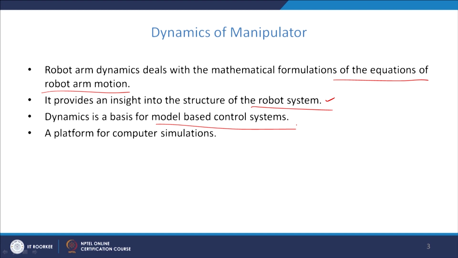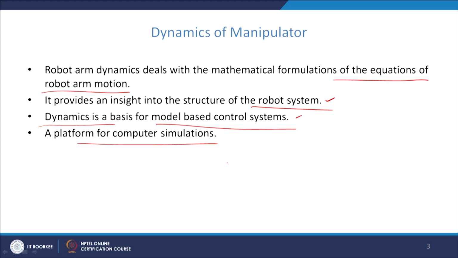So, the desired motion of the robot manipulator can be obtained by constructing a suitable control based on the equation of motion of the manipulator, and using that we can simulate the robot motion using this mathematical formulation and the control of the manipulator even before performing the actual experiment.